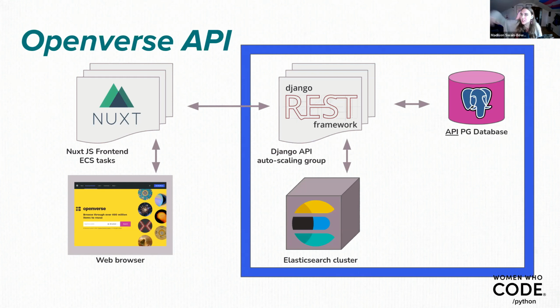That API makes the search request, gathers the results together, and sends it back to the web browser as JSON. And then your web browser has some instructions for how to interpret that and display all of those results. And so the big piece to pay attention to is smack dab in the center, that Django API.